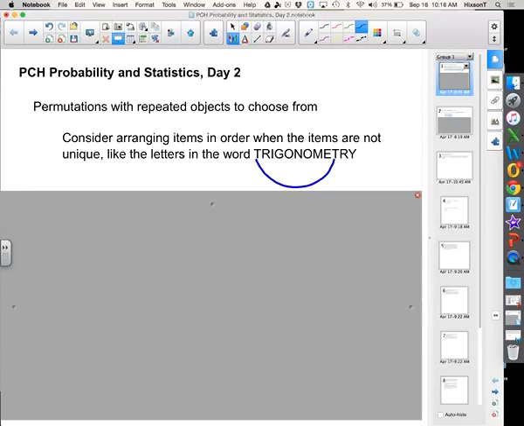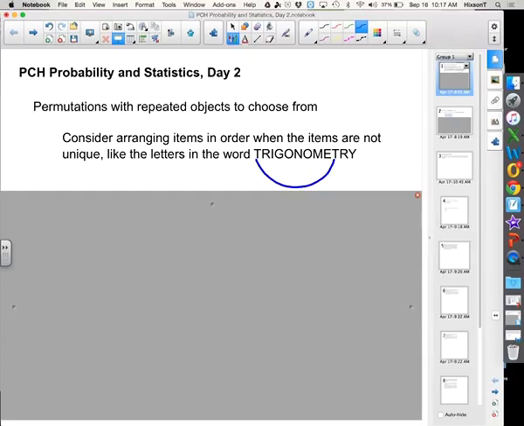So what we're talking about today really are what are called distinguishable permutations. If something is distinguishable from another, it means we can tell a difference by looking at it. So if I were to just switch those T's, it's going to look the same, so that would not be another distinguishable permutation.